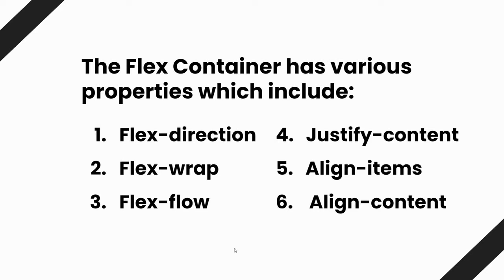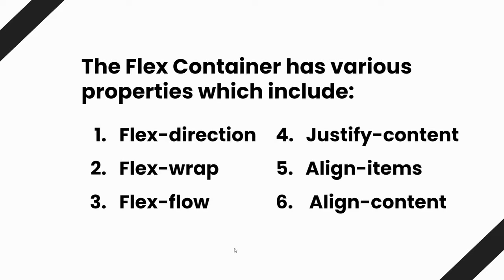Probably later on, while you keep improving yourself, you could also discover other properties that the Flex container is associated with. So now we have the six properties, and it begins with the first property, which is the Flex direction, which is followed by the Flex wrap, followed by the Flex flow.